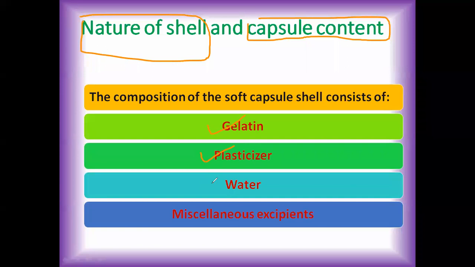Then the other materials which go in the composition of soft gelatin cell include water and miscellaneous excipients such as coloring agents, flavoring agents. Now let's see this one by one in detail.